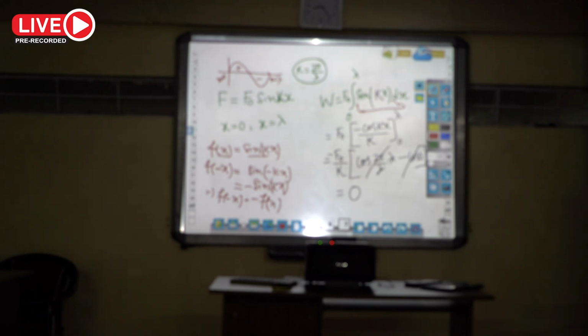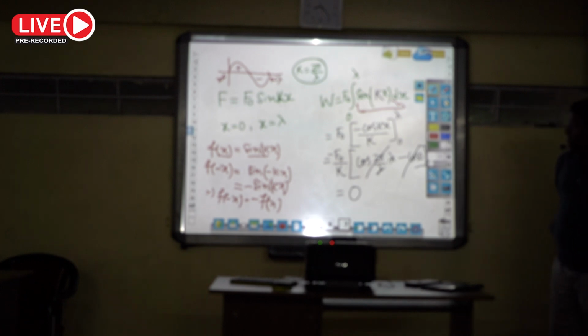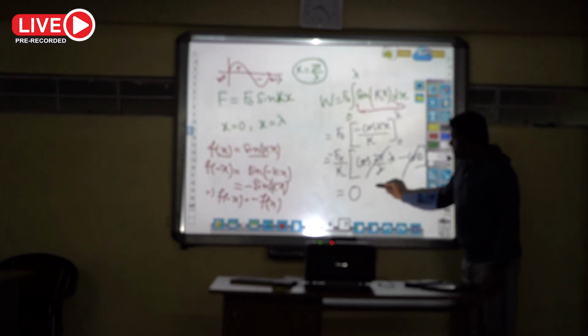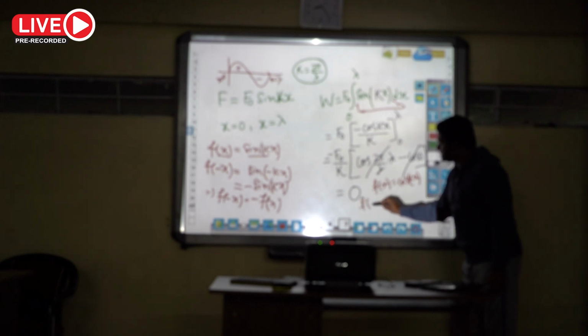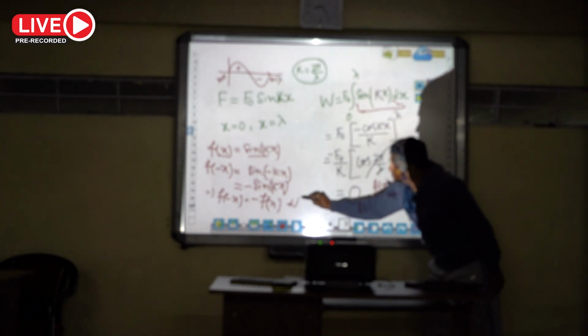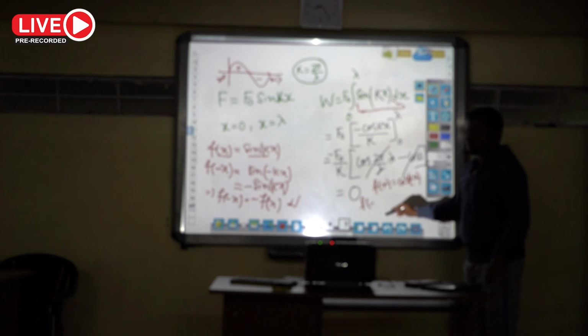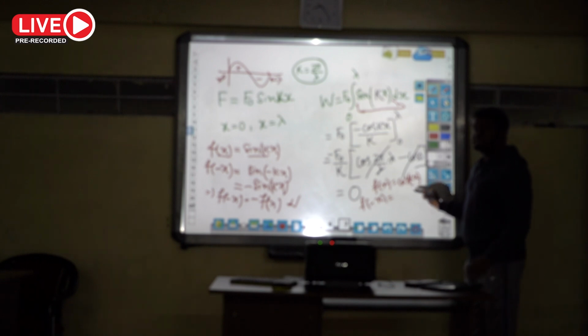Okay, this is a property. If you use the property, you can save time from the calculation. Because if you check similarly for say f x equal to cos kx, just check similarly f of minus x, this will not hold this property, this is holding a different property. F of minus x will become cos of minus kx, but cos of minus kx will become plus cos kx.